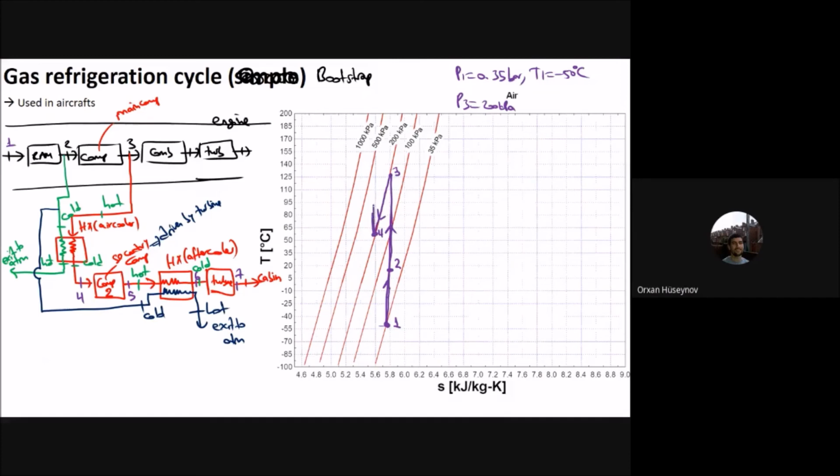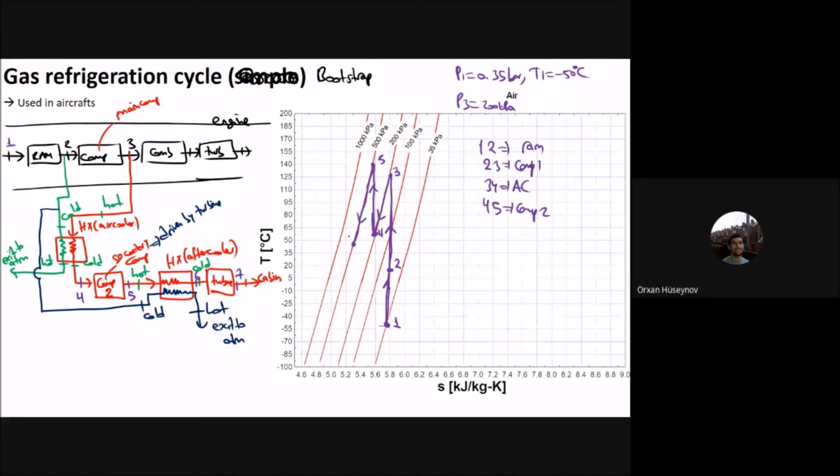I don't know what the pressure ratio of compressor 2 is. Let's assume that this one is here. So this is 0.5, and let me just write it. 1 to 2 is RAM, 2 to 3 is compressor 1, 3 to 4 is the air cooler, 4 to 5 is compressor 2, and then 5 to 6 will be the after cooler here.